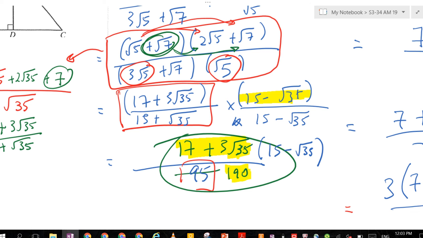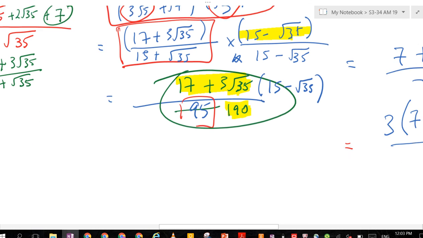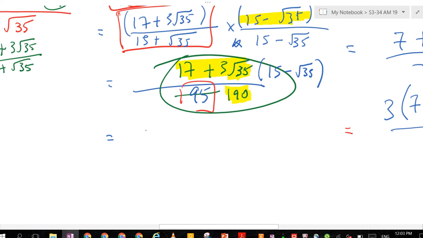Then for this, I'm supposed to multiply 15 minus root 35, right? So if I do this, it will be correct because I multiply out. 17 times 15 will give you what? 255. Then I have minus 17 root 35.